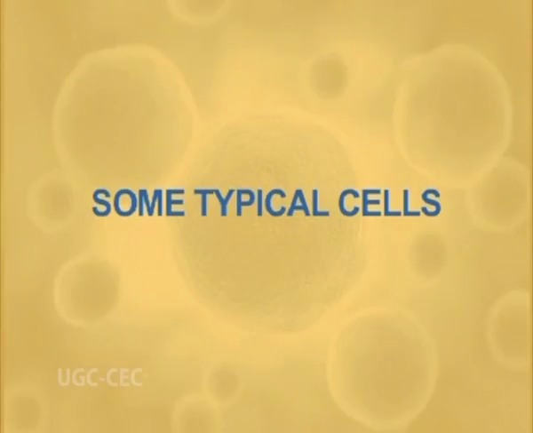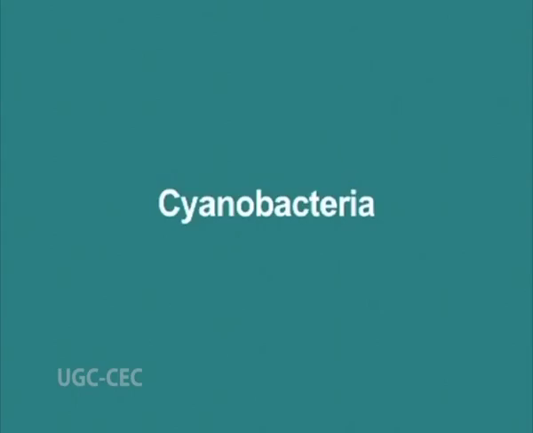Let us now take up some typical cells. Some cells have typical characteristics which differ from normal cells. Some examples are cyanobacteria. Cyanobacteria are small, aquatic, photosynthetic and usually unicellular organisms, though they often grow in large colonies.